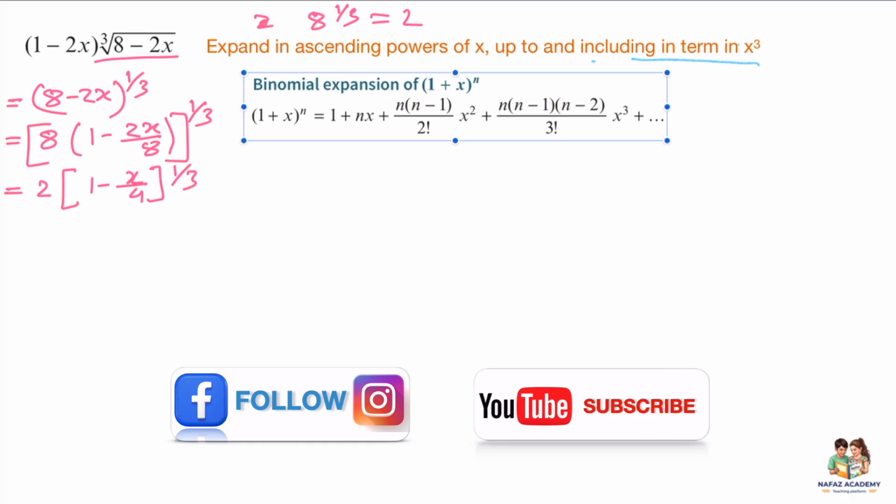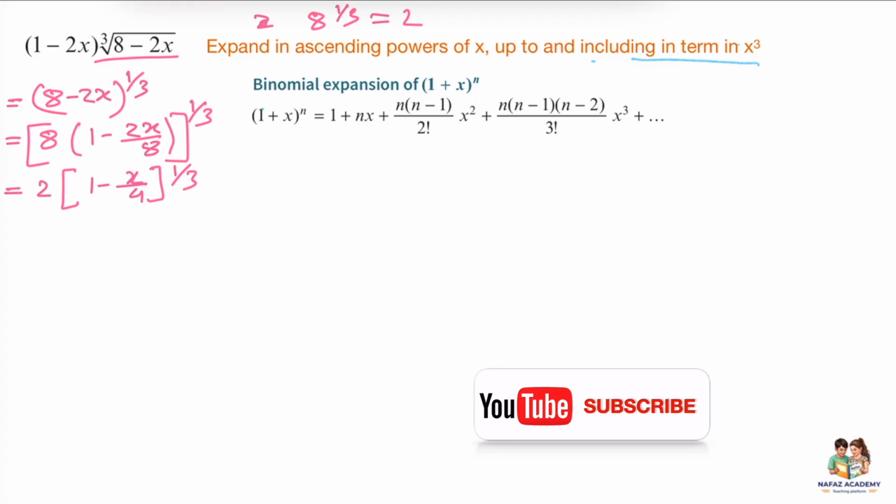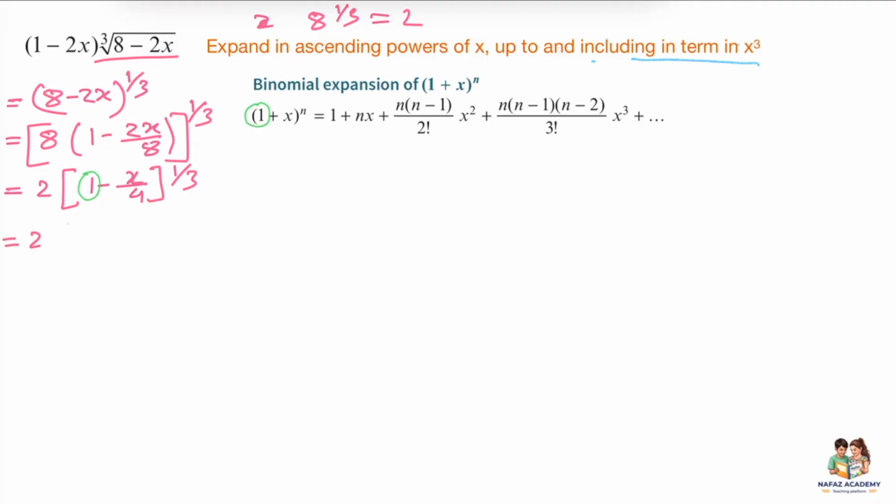So this is our binomial expansion. It is now suitable to use because our new factor starts from 1, which is 1 minus x over 4. Before that it started from 8, which is not possible to use with this binomial expansion.